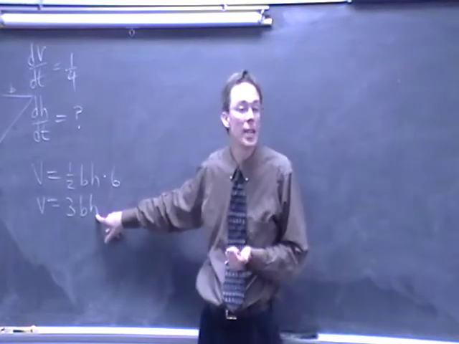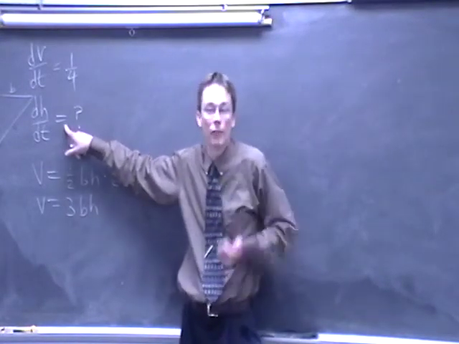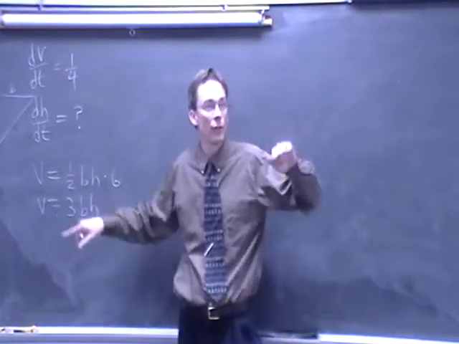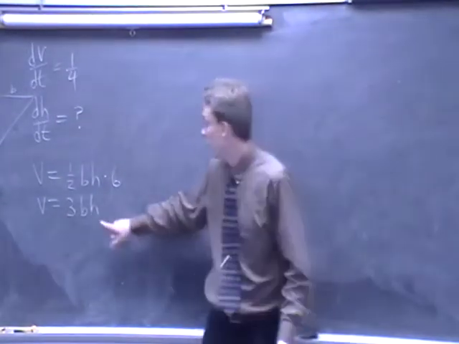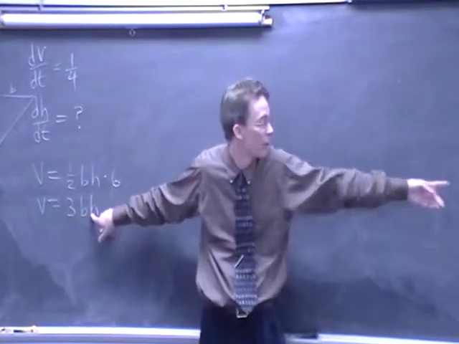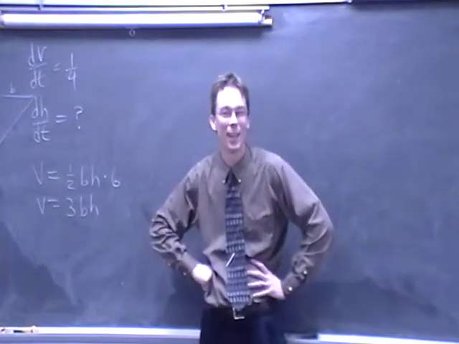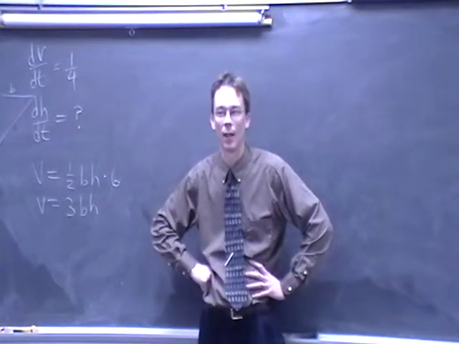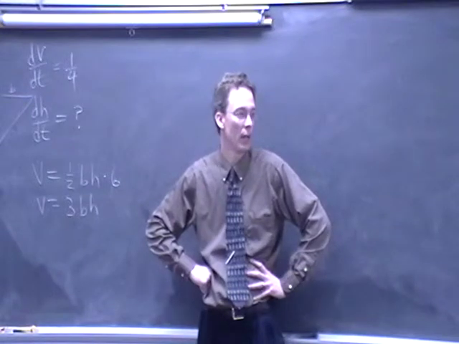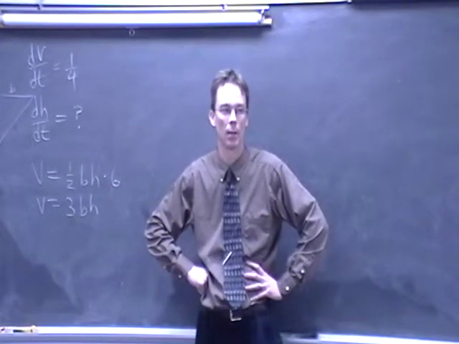You would have a dH over dt variable, which isn't a problem, because you want that. Plus, coming back the other way on the product rule, you'd have an h variable, which isn't a problem either, because we could figure that out. And then you'd have a dB over dt. That would kind of stink, because we don't know that and we don't really have a way of getting it.